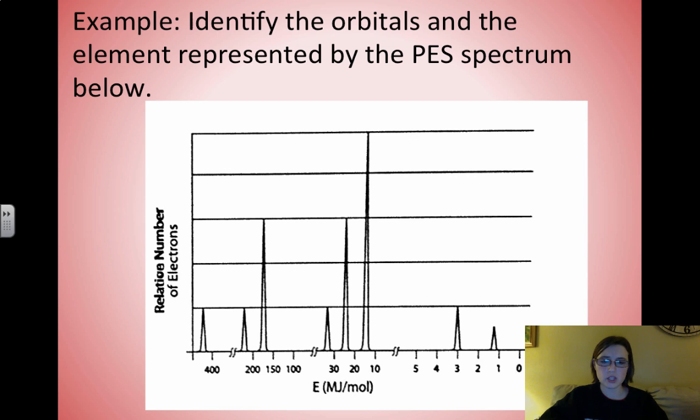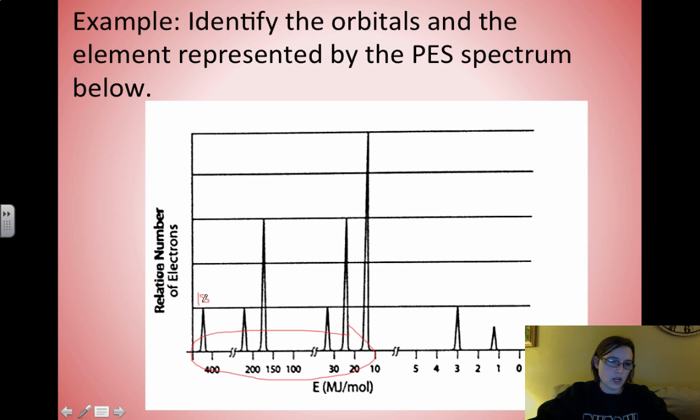The first thing we want to do is look at the x-axis down here, and look at energy. Remember that the higher the energy, the closer to the nucleus. Typically it decreases as you go to the right, so this is going to be the highest energy. This is actually the 1s.